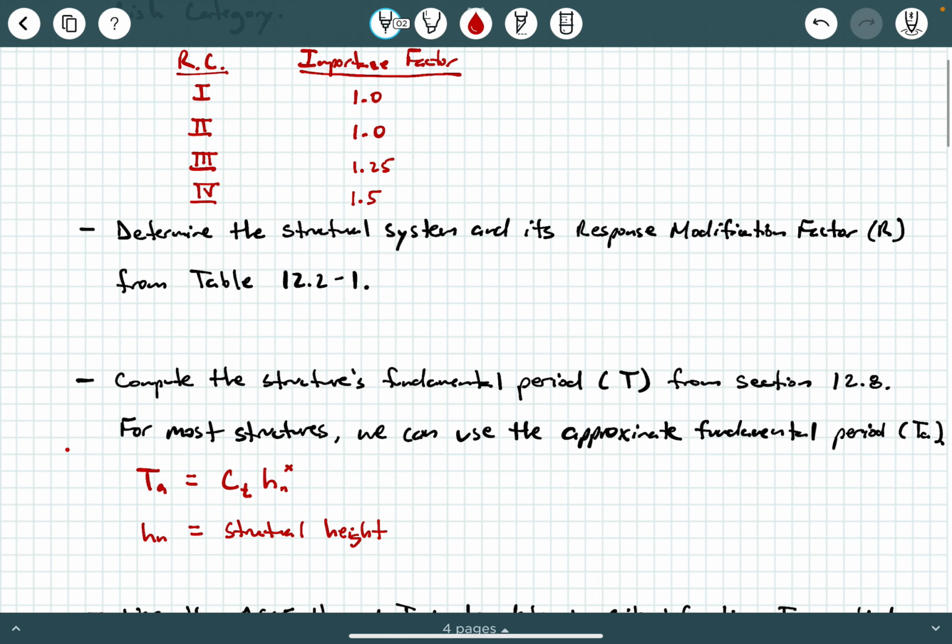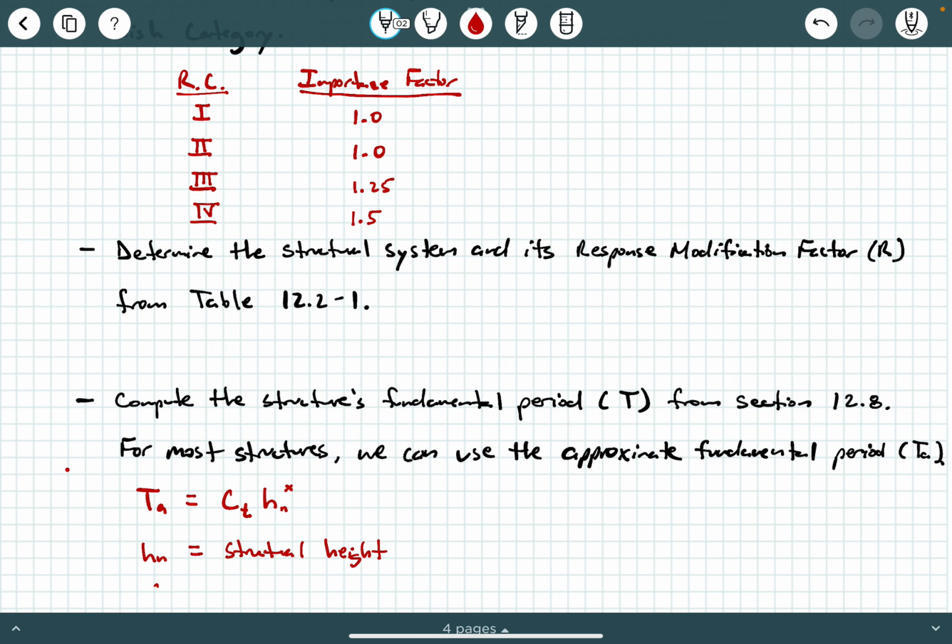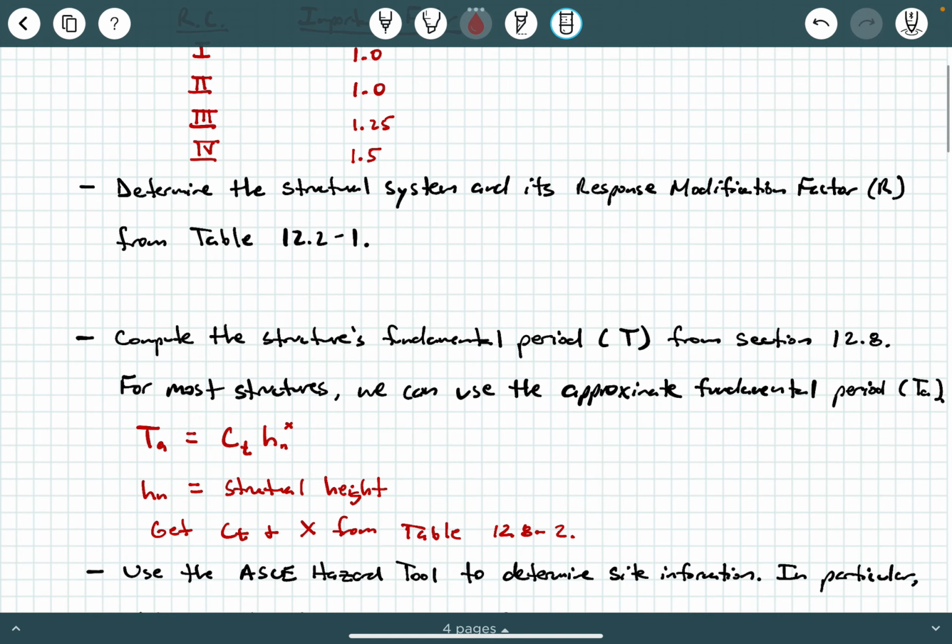So let's write that down. We're going to say get C sub T and X from table 12.8-2 of ASCE 7, okay? So hopefully you're following along with me in your ASCE 7 reference, okay?